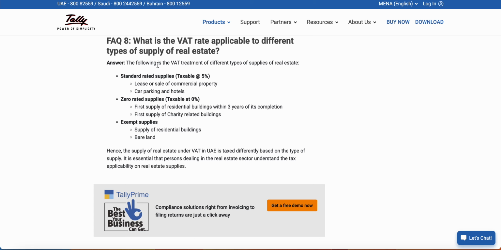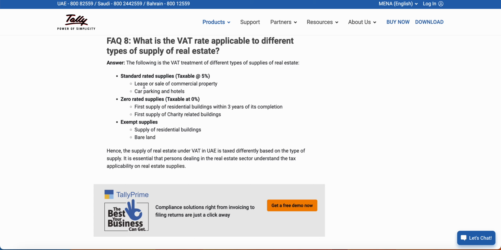So, to start with, what is the VAT rate applicable to different types of supplies? As you saw, you can lease your property, you can sell it, you can make it into car parking, a hotel, then there is a residential building, a charity building. So let's see.